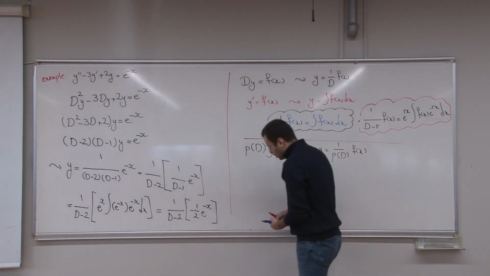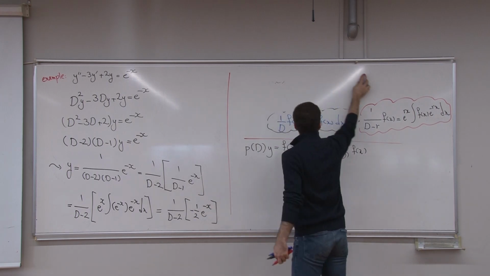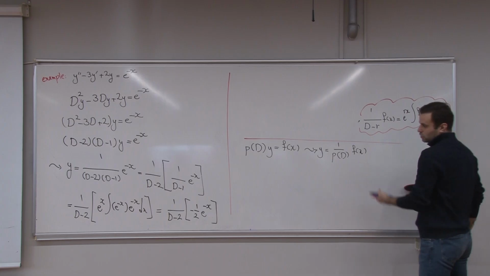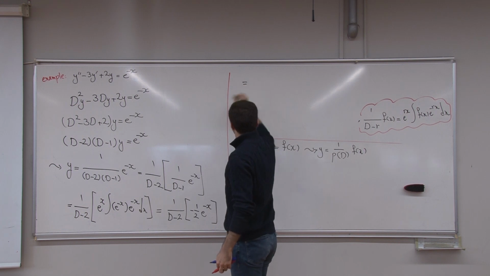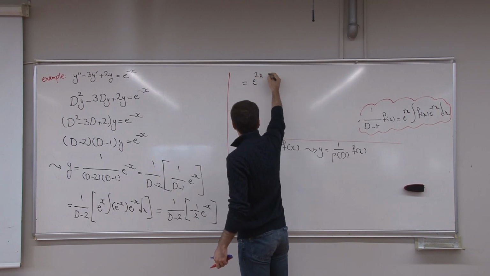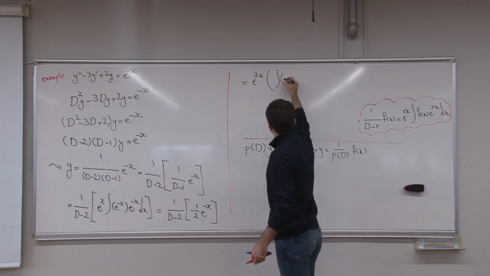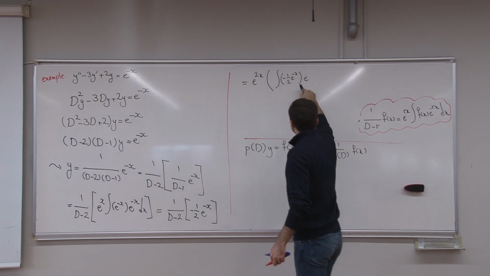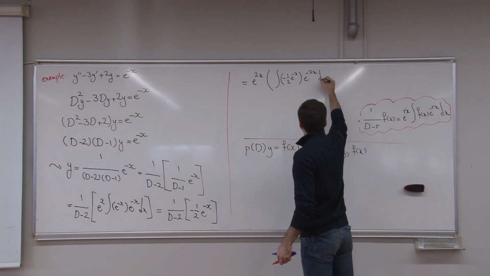Now we have this operator. How do we make that work? Again, we need to use this definition, right? What is the 1 divided by D minus 2 operator doing? It is doing something like this. It is e to the power of 2x multiplied by the integral of our function, which is minus 1 over 2 e to the power of minus x, multiplied by e to the power of minus 2x, dx.